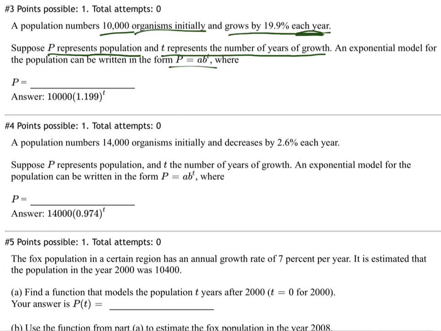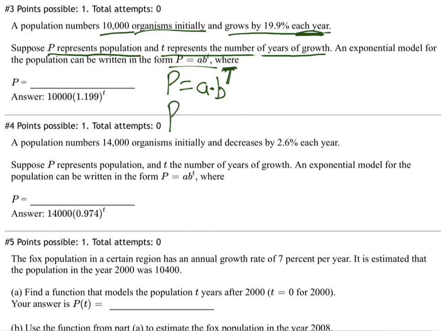Here's the model. So we're saying P equals A times B to the T power. So notice it's exponential because the variable is up there in the power zone, exponent zone, exponential function. So this is the general look of an exponential equation. You have something in the front, call it A, times some other thing, B for base, to the T power. And so, here's the deal.